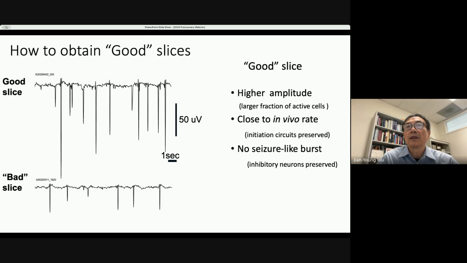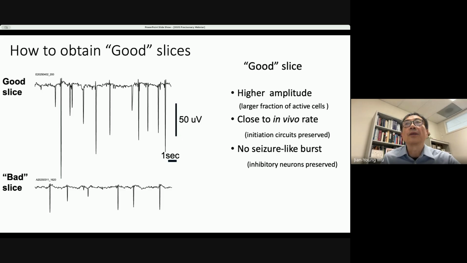If you don't have enough inhibitory force, those recurrent excitations will run away and become a seizure-like burst. They are not like epileptic activity, with constant episodes of many spikes. They only have one, but it's still a good indication that inhibitory neurons are not well preserved.